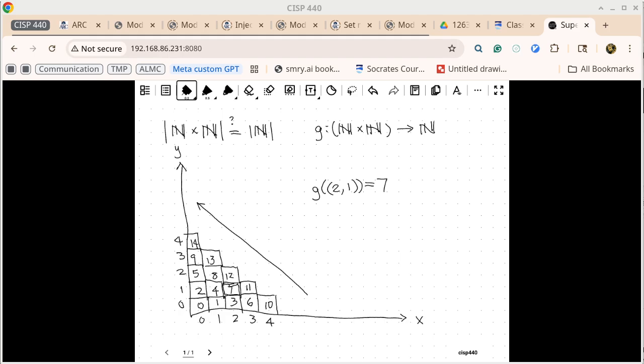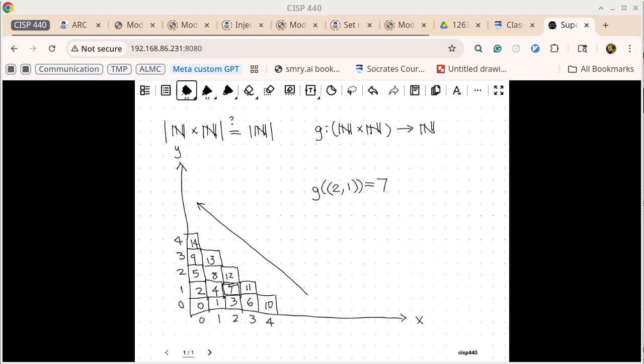But we can also tell that it is surjective, because if we keep sweeping like this, we can go to any particular cell in the two-dimensional space, eventually sweep all the way up to that cell and assign a natural number to it. So that means we can sort of prove that this g function is bijective without using any mathematical proof.